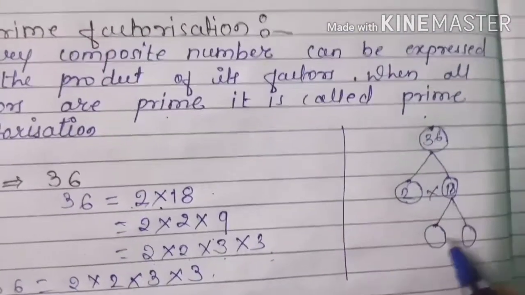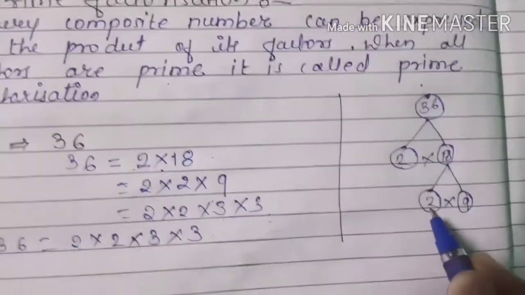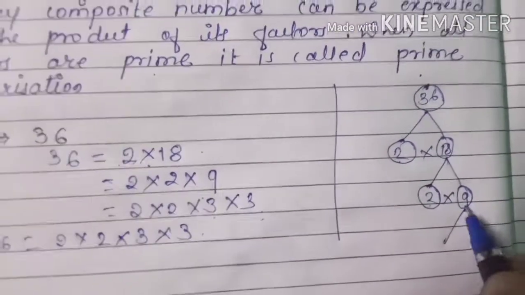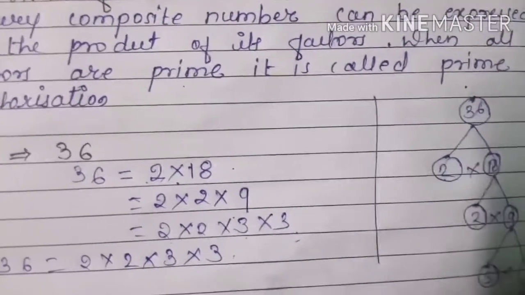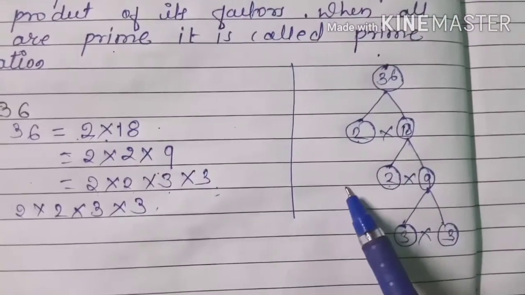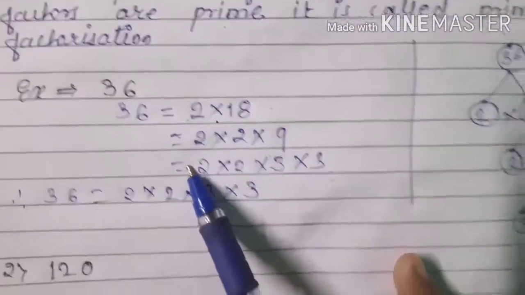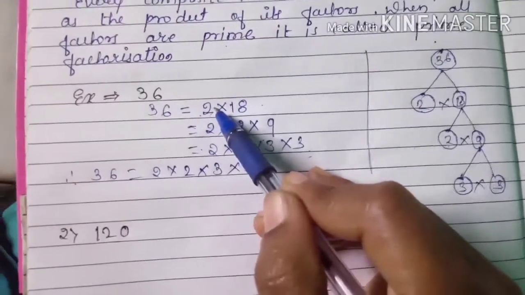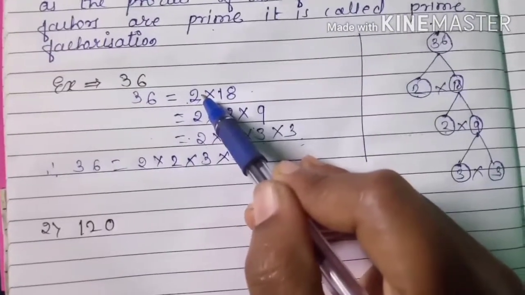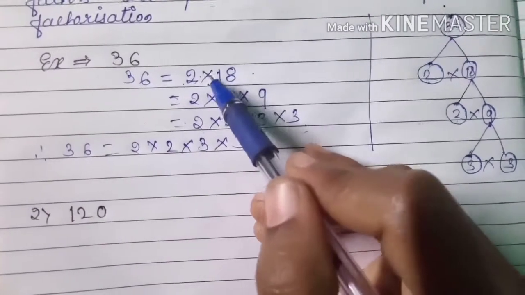It will become 2 into 9. Again 2 is a prime number, then 3 into 3. This is a factor tree and this is a prime factorization. These are the two types of factorization. So always start from the smallest factor. You have to start with the smallest prime factor.